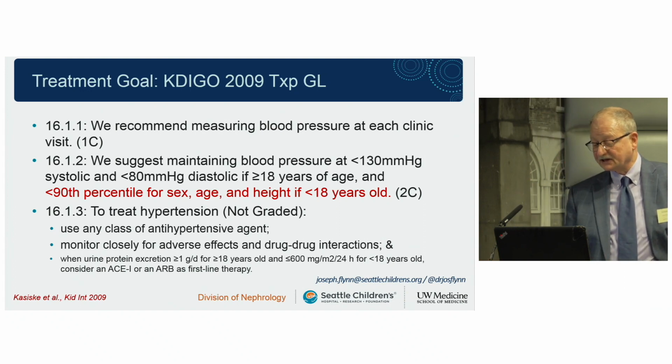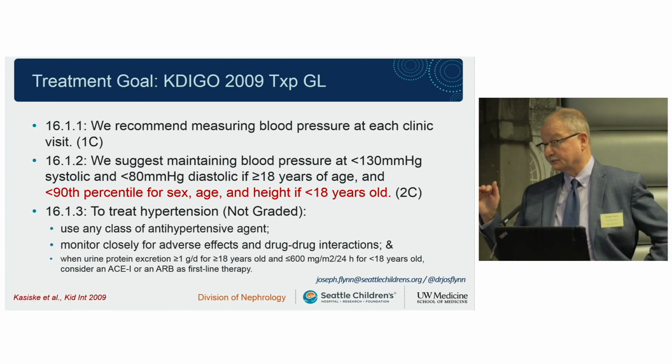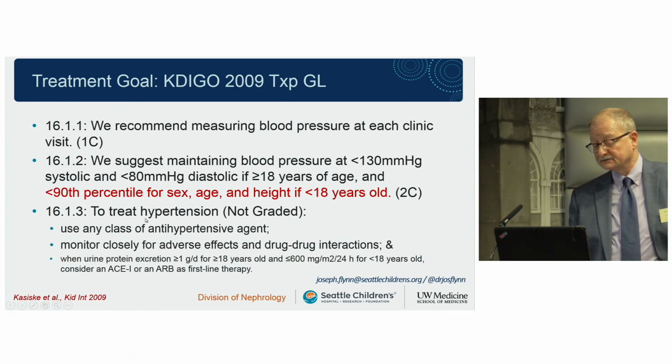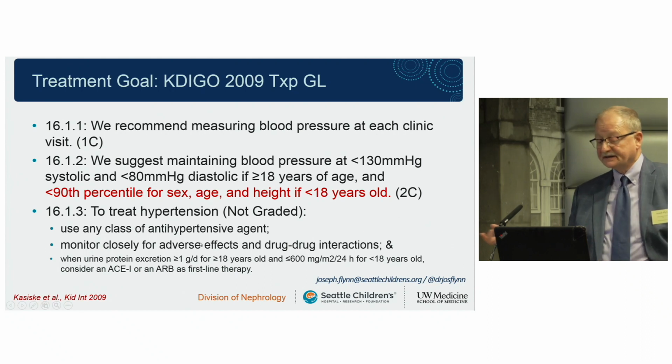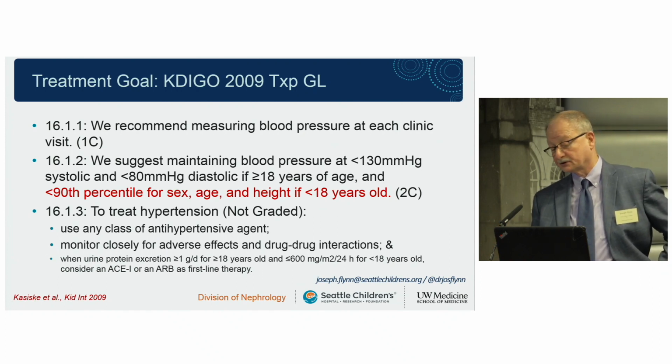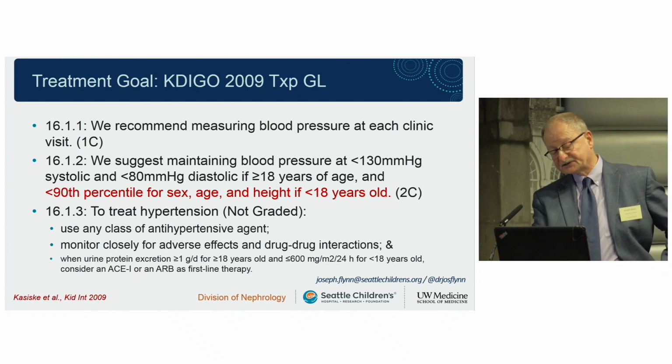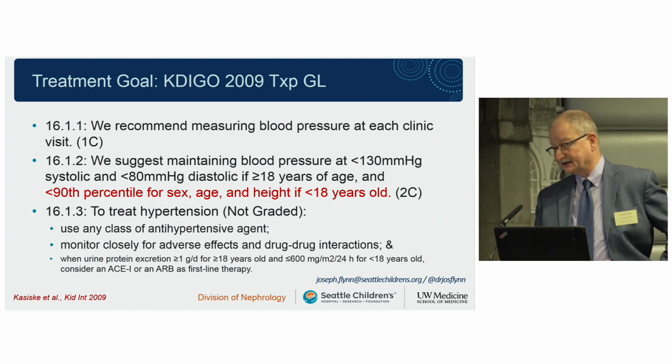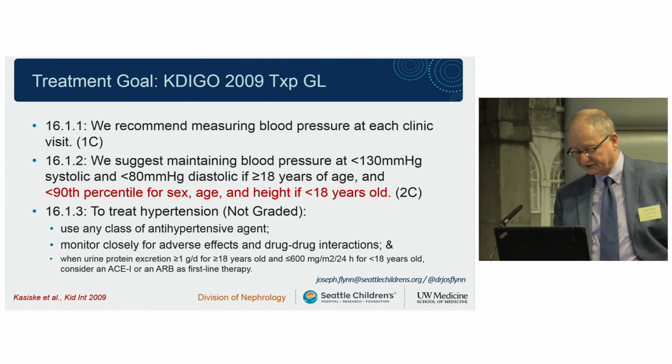They said less than 90th percentile, if less than 18, which is based on office blood pressure measurement. And then they say use any class of drug, but if there's proteinuria, can use an ACE or an ARB. So that's 10 years ago or 14 years ago now, but they haven't updated it. It's the only transplant guideline KDIGO has done.